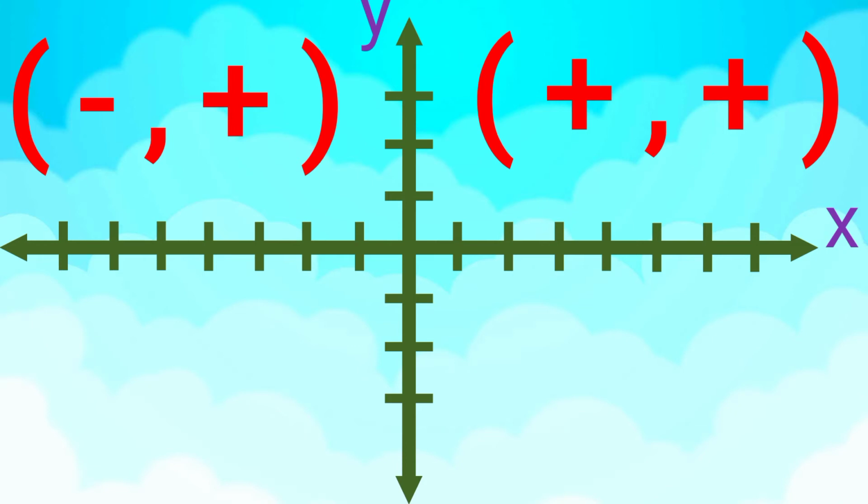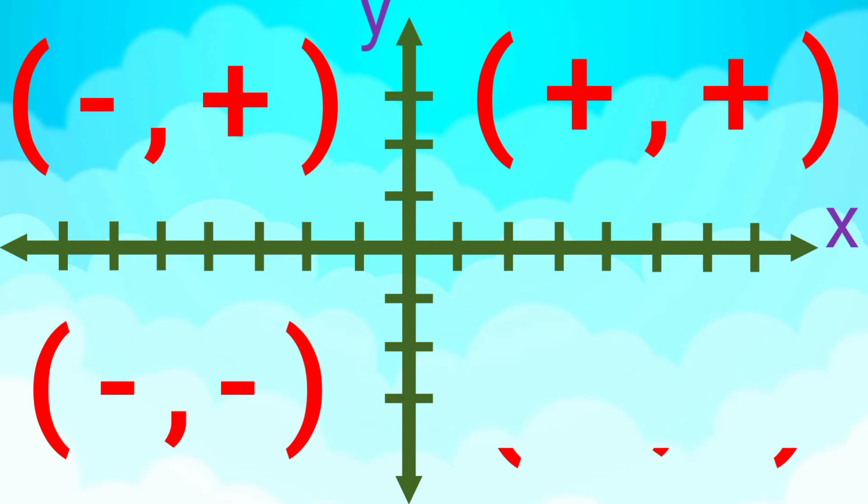It means that the x-coordinates have the sign of negative, while the y-coordinates have the sign of positive. On the third quadrant, we know that both coordinates have negative signs. And the last quadrant has positive, negative signs.